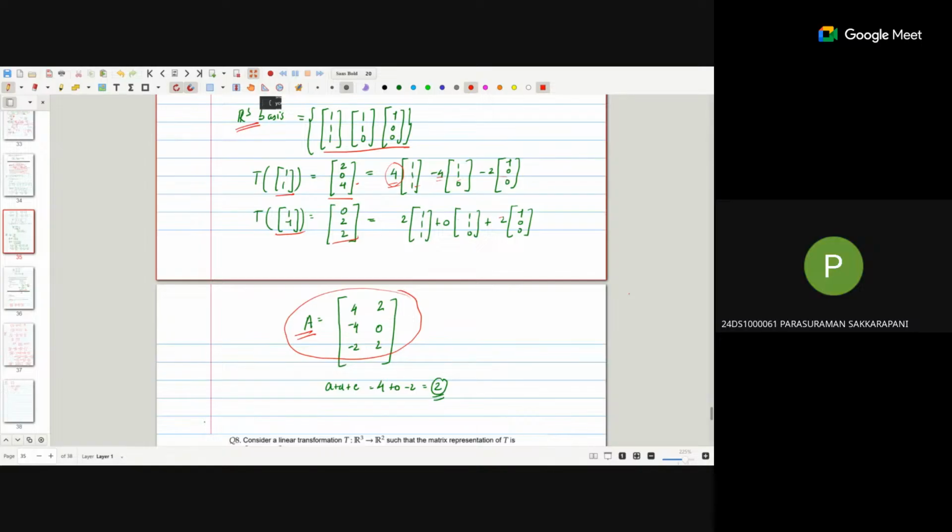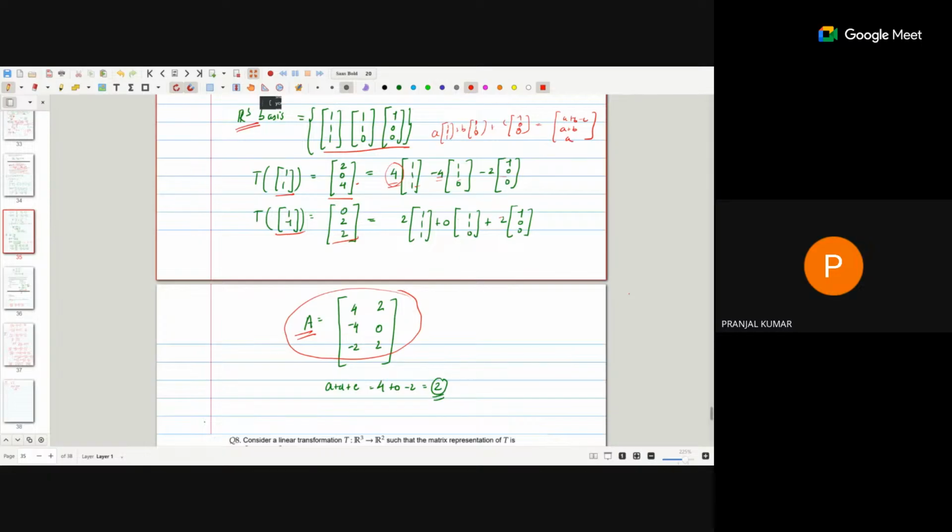Yes, sir. So see, just take them as A times 1 1 1 plus B times 1 1 0 plus C times minus 1 0 0. Now you add these three vectors, what will you get? You will get A plus B minus C, right? Then A plus B, then A. This you will get.